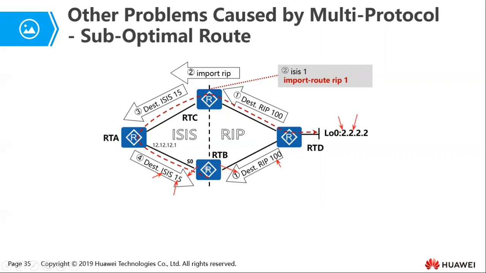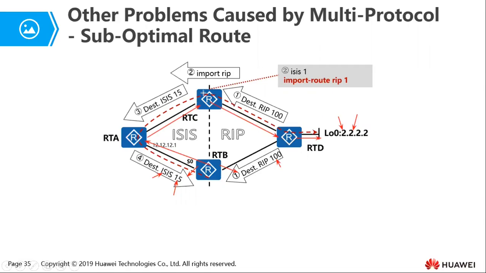And if it installs it in the routing table, then the next hop for going to that network is going to be 12.12.12.1.